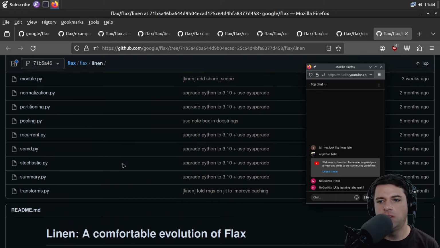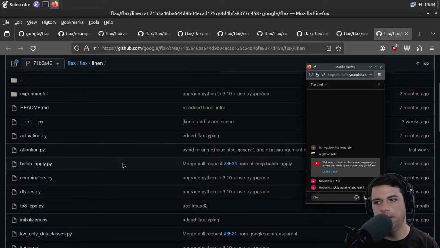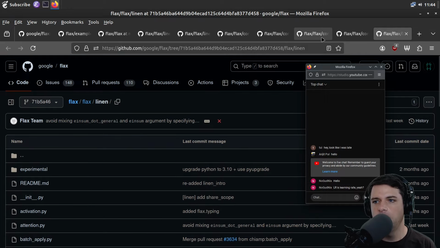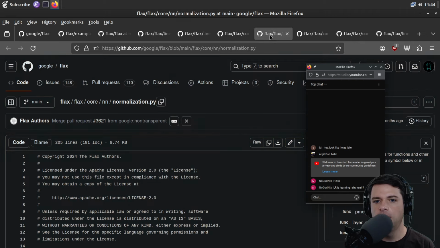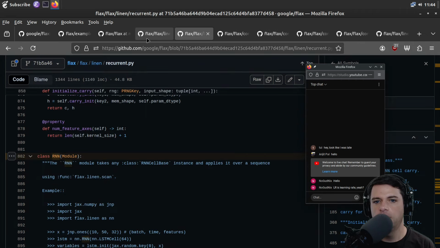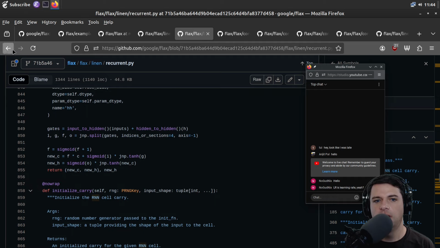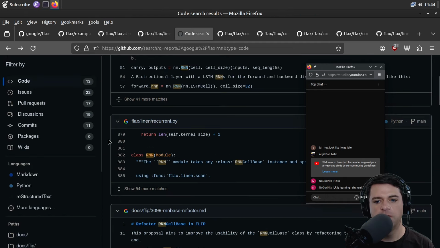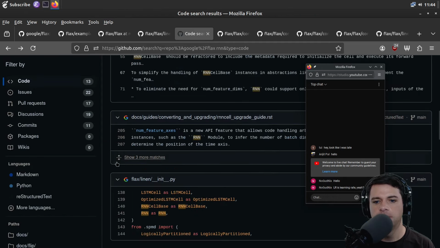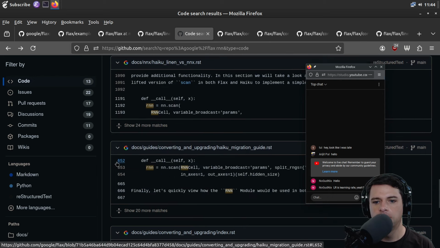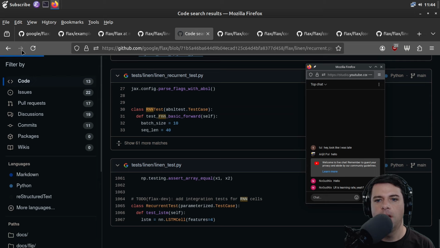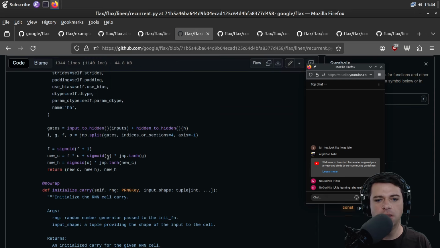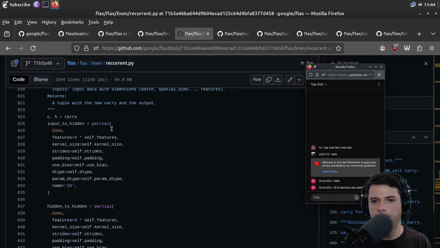I'm not sure. I don't know this ecosystem. If you do, please let me know. So Linen had Flax Linen recurrent, and was there an NNX version? I'm not sure. Let's look at the Linen one.